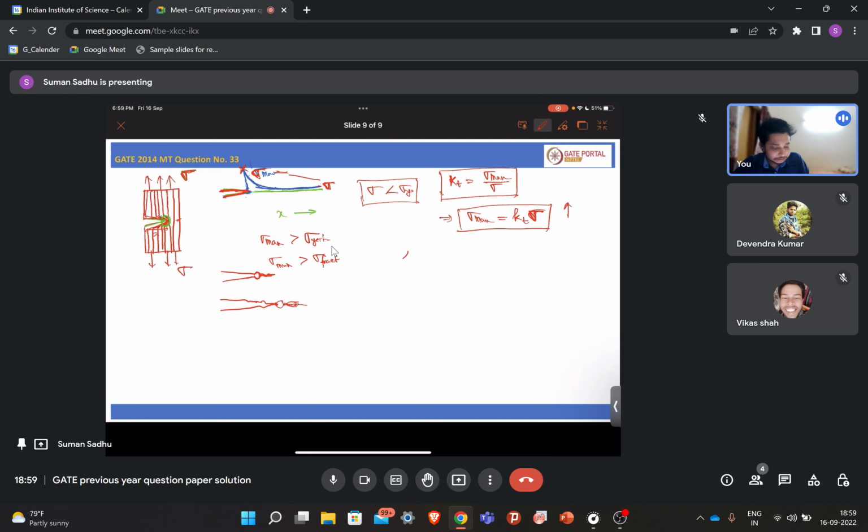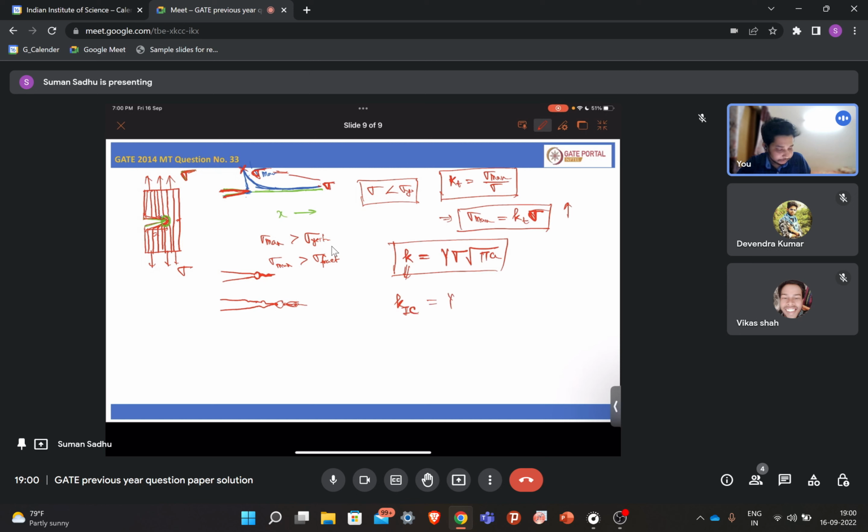At that time, your stress intensity factor is given by Y into sigma root pi a. When this sigma reaches a critical value, the stress intensity factor is termed the critical stress intensity factor, KIC.